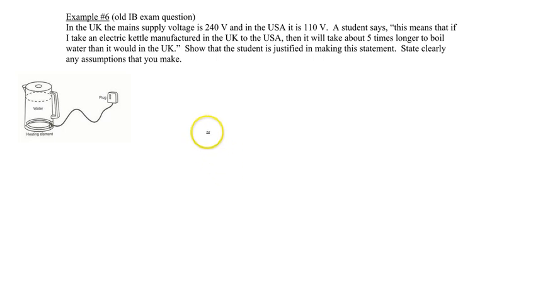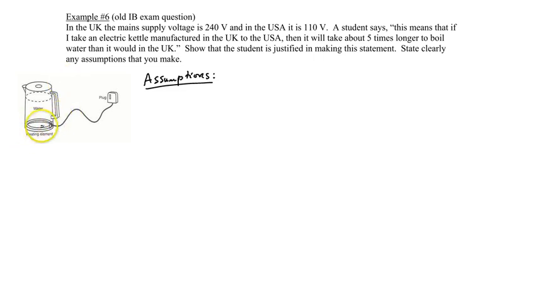So what assumptions do we have about this kettle? What are the key things that remain constant, that don't change from one place to the other when you move from the US to the UK and vice versa? You've got this kettle, it's manufactured in the UK, but there's something that doesn't change when you bring it over to the United States. It's really the same kettle, isn't it?